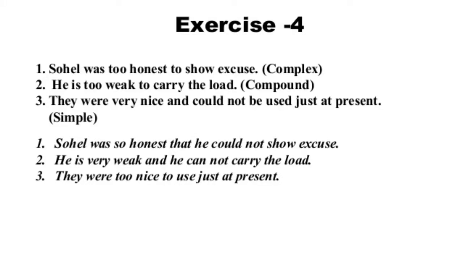So what is the subordinating conjunction for complex? It is so that. So: Sohil was so honest that he could not show excuse. That is the complex sentence, children. Then look at the next sentence.